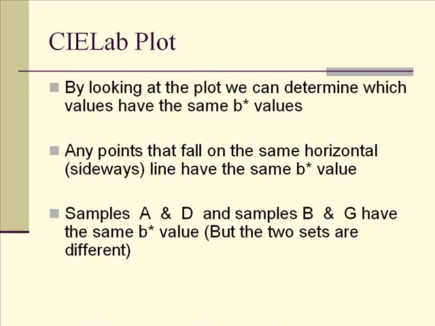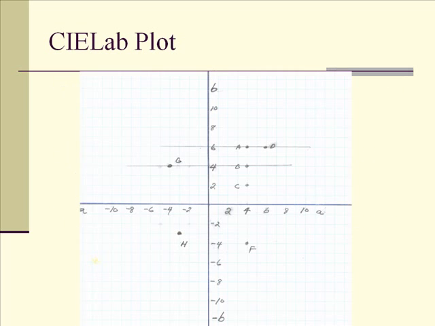B and G both have a B value of positive 4, and A and D are the same, and they both have a B value of positive 6. So by looking at the plot, you can also tell that H and F are different. One is a negative 3, one of them is a negative 4.